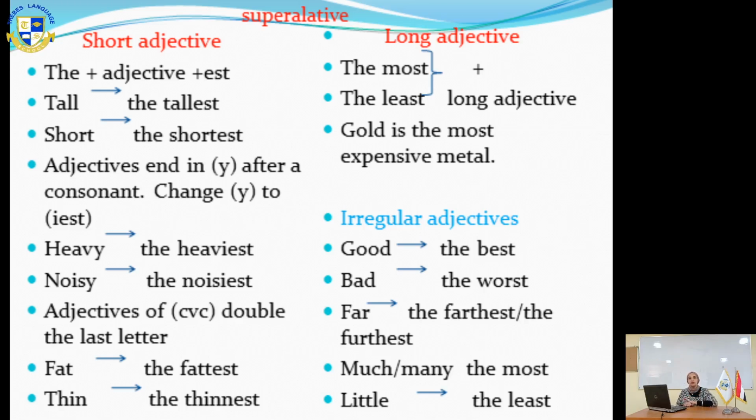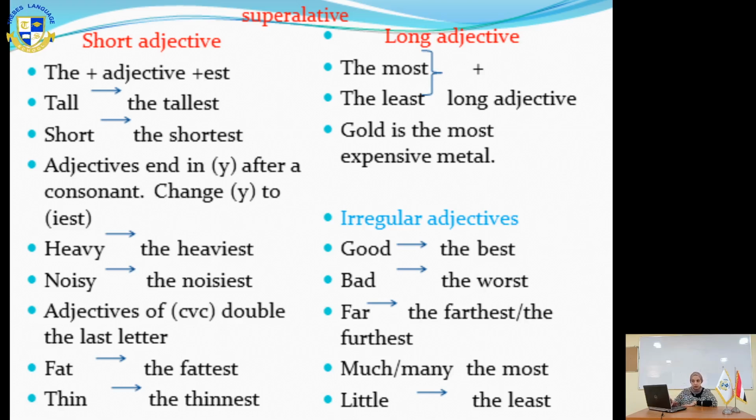Let's see here. We have the short adjectives: adjective plus est. For example, tall, the tallest. Short, the shortest.